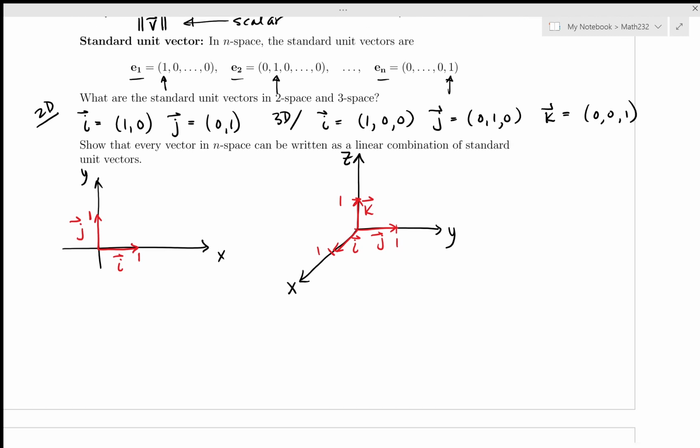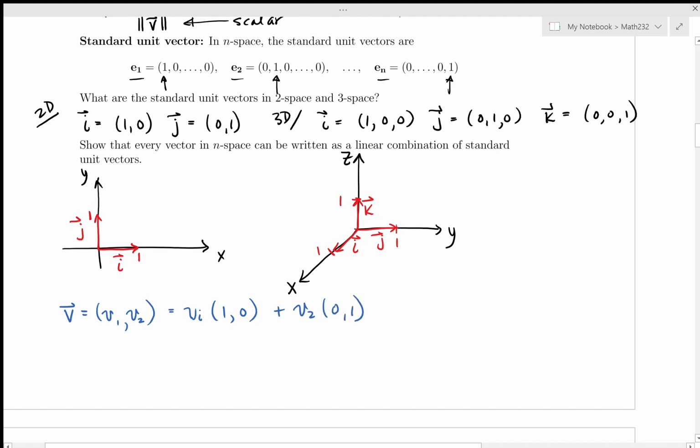It means if I take, for example, in the 2D case here, any vector v, and that would have some components, v1 and v2, I could write this like this: v1 multiplied by the vector (1, 0) plus v2 multiplied by the vector (0, 1). You could just add this back together and see that you get this.